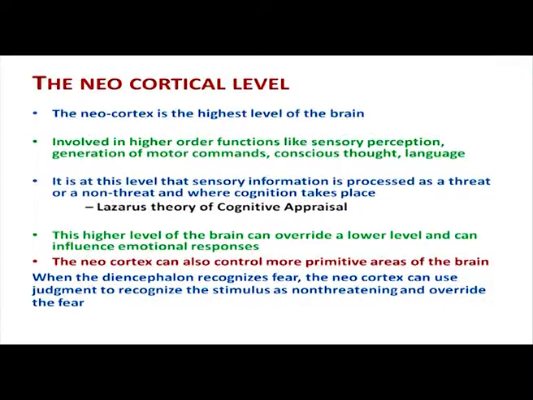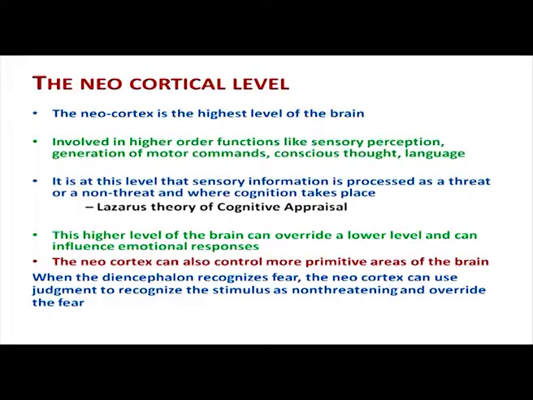So, the information that is received by the lower level structures and mediated through the reticular activating system passes through the limbic system, and even if it is perceived as a fearful stimulus, when it comes to the forebrain, in this case the neocortex, the decision is made whether this is so threatening as to offer the fight or flight response.